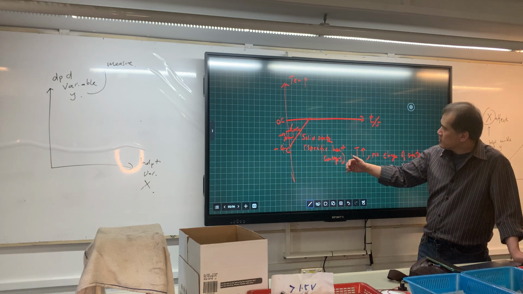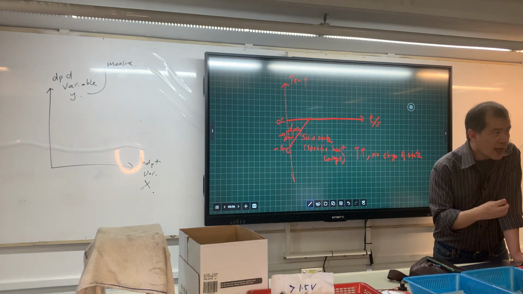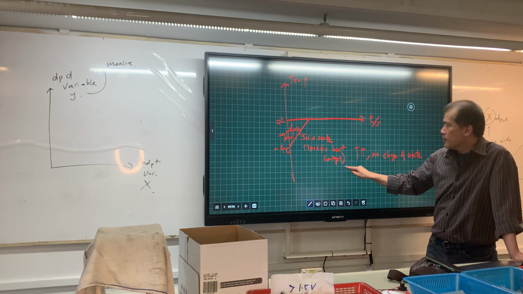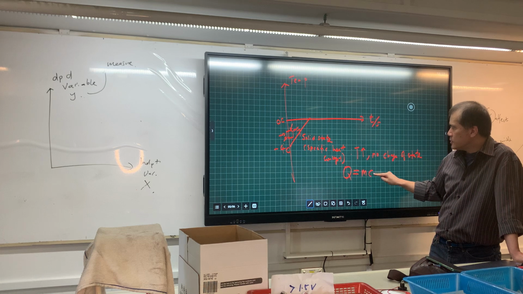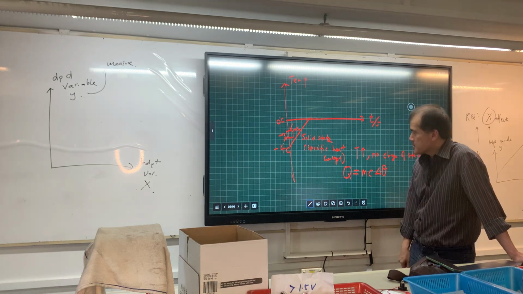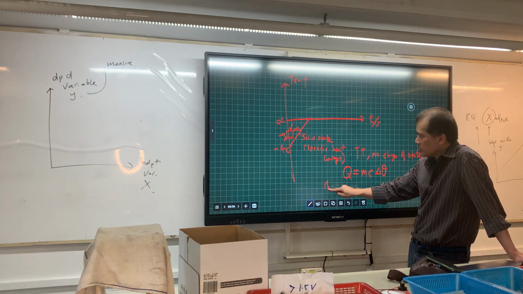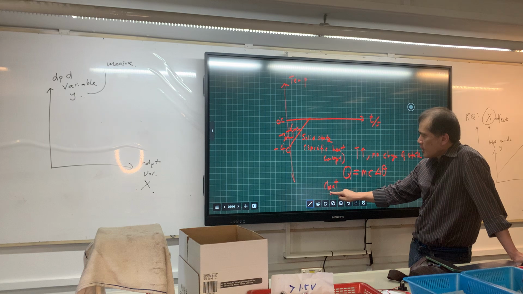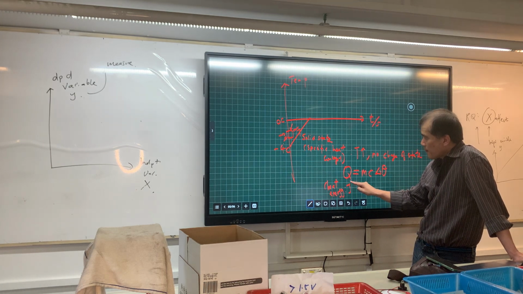And because this involves the specific heat concept, we use this energy equation: heat energy equals mc delta theta. Now let me express this in simple terms. Your Q just means heat energy, and the unit for heat energy is joules.